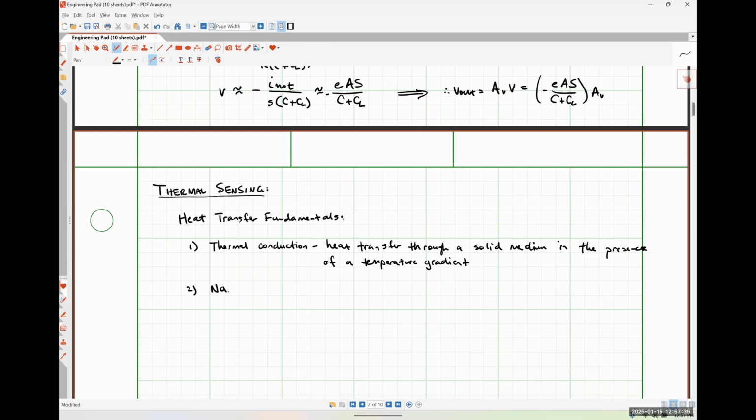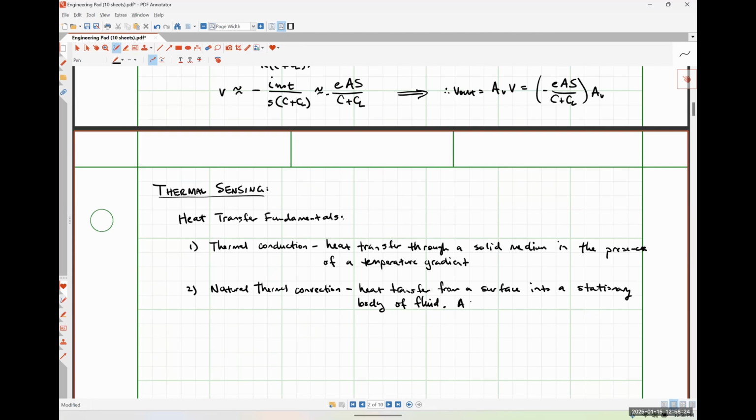Then we have natural thermal convection, which is heat transfer from a surface into a stationary body of fluid. Some other notes here really quickly.